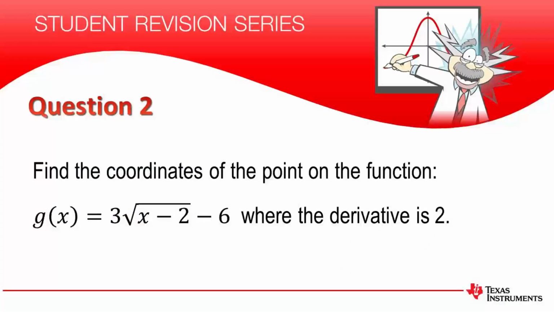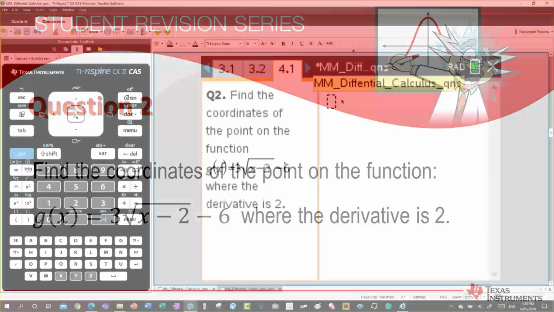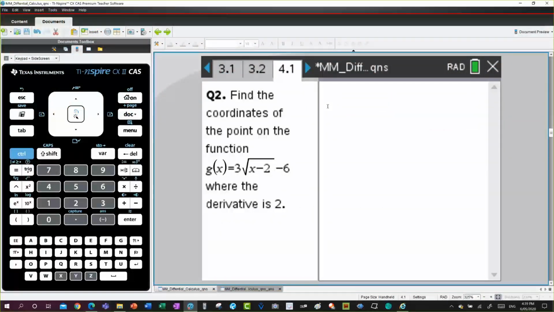So now we want to find the coordinates of the point on the function g(x) equals 3 square root of x minus 2 minus 6, where the derivative is 2. Okay, first thing we're going to do is define our function. So I'm going to use the assign key this time. So g(x), the assign key.